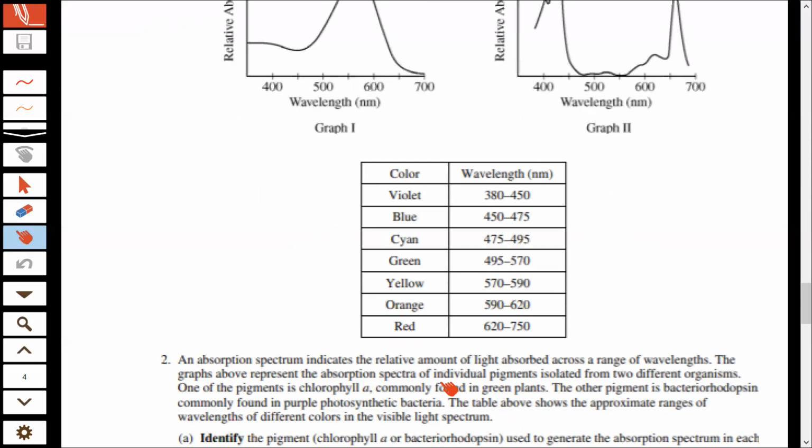The graphs above represent the absorption spectra of individual pigments isolated from two different organisms. One of the pigments is chlorophyll a, commonly found in green plants. The other pigment is bacteriorhodopsin, whatever that is, commonly found in purple photosynthetic bacteria. The table shows the approximate ranges of wavelengths of different colors in the visible light spectrum.